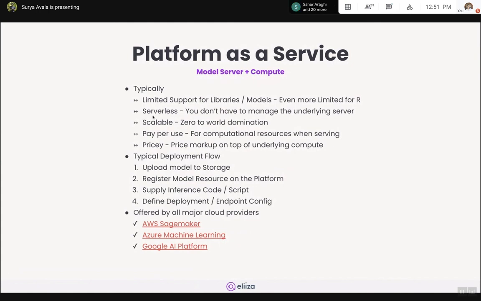They are, in a sense, serverless, as in we don't have to manage the underlying server, or worry about installing the right dependencies, as long as we pick one of the out of the box configs that they provide us with.